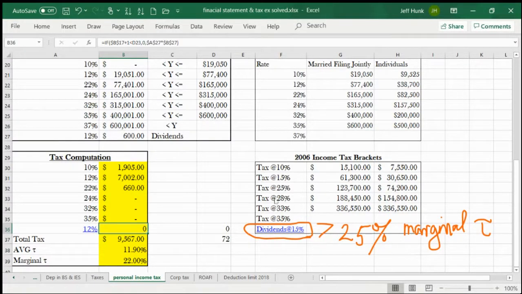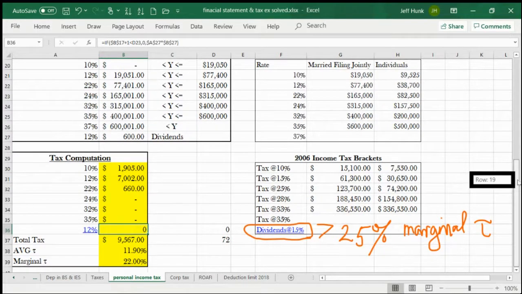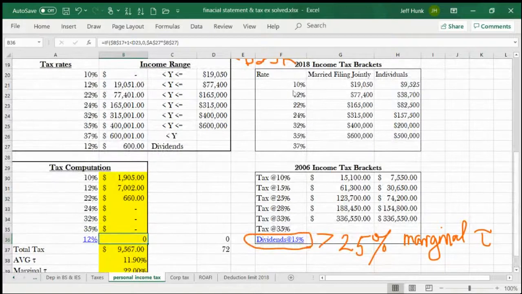And I explained what marginal tax rate is. But in 2018, the tax schedule changed.